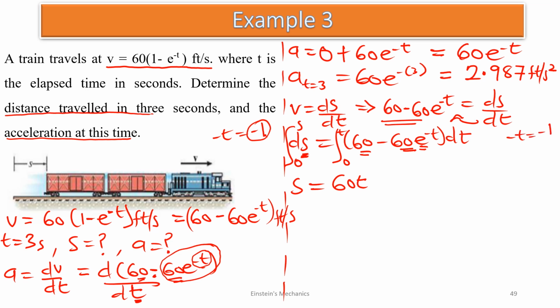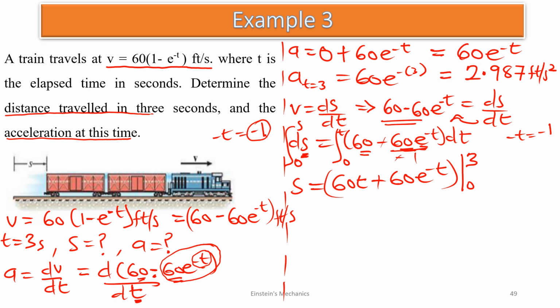Then you divide the expression by that negative 1, so it is still going to take out this negative to get a positive 60 e^(-t). But all these things have their limits 0 up to t, which we are interested in to be 3. Are we okay?